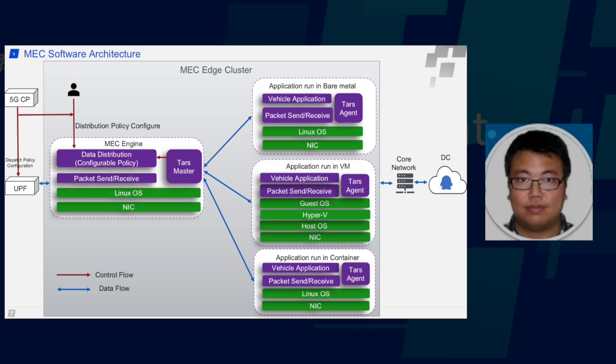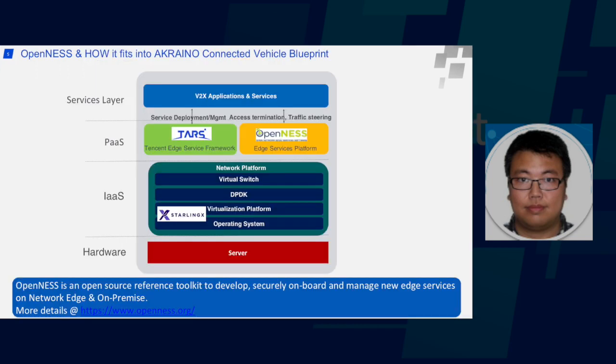So the TARS master has the ability to monitor the status of the different vertical applications. We can figure out whether it works well and whether we need to scale out or scale down, and a lot of things like that. So that's more detail for the MEC edge cluster. Next page is just a very high-level architecture so that you understand.